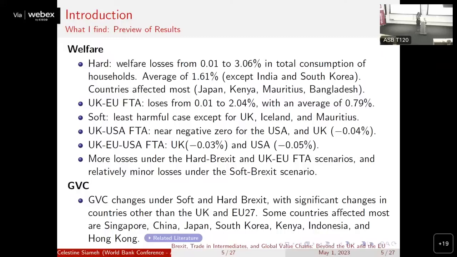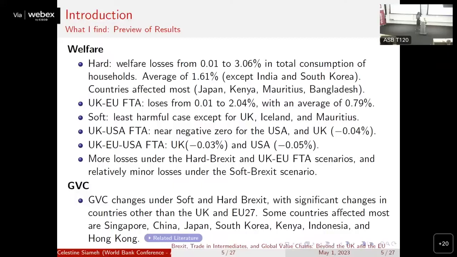I will explain further when I get to the results section. So in general, there were more losses in the hard Brexit than the UK-EU FTA, and relatively minor losses under the soft Brexit.